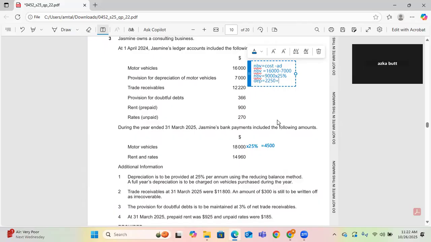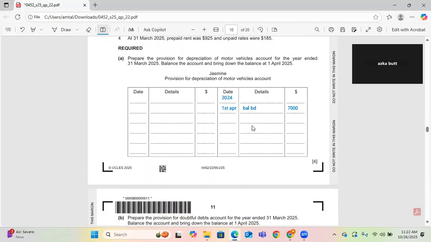Including that 4,500, the total depreciation for both motor vehicles for the year will be equal to 4,500 plus 2,250, which is 6,750. Okay, so let's write it here.